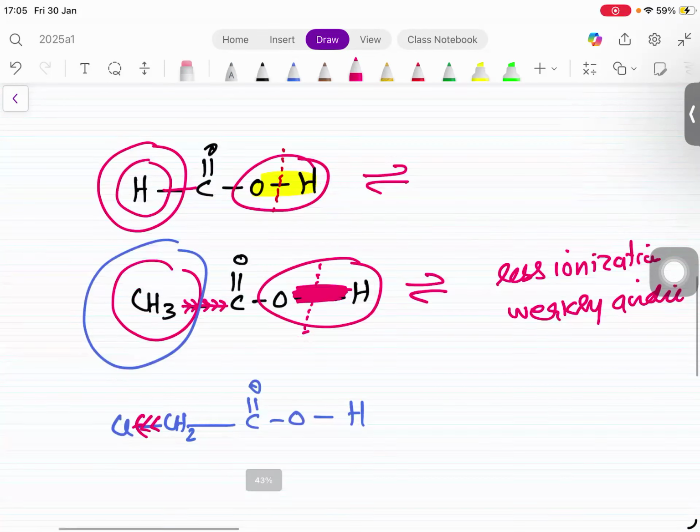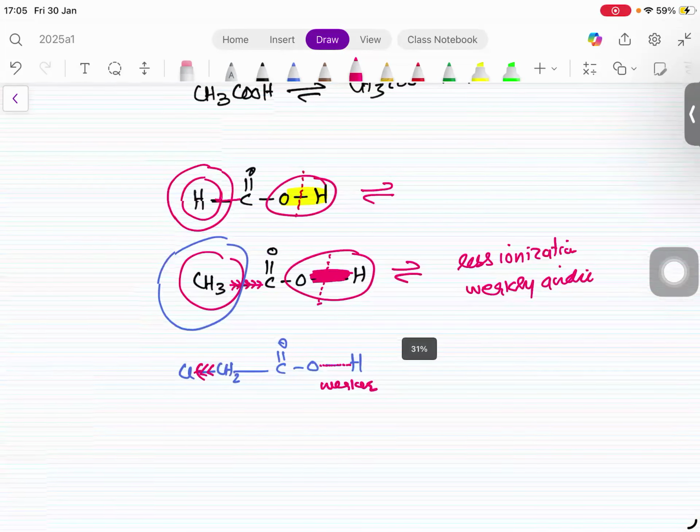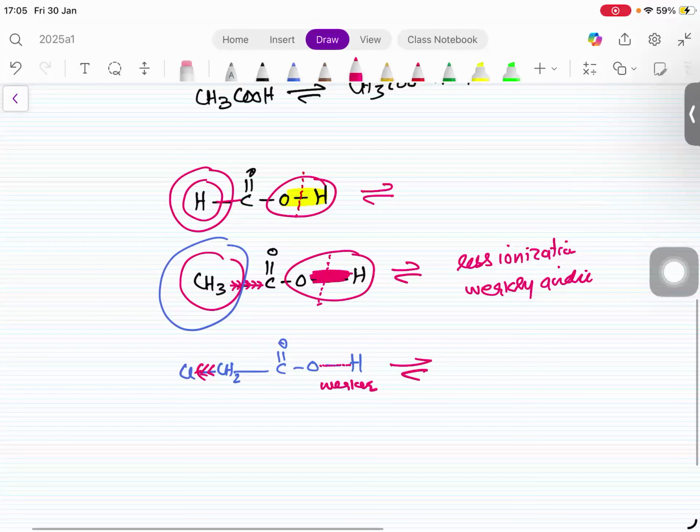When the electrons are pulled towards the Cl, this OH bond is weak. When the OH bond is weak, then ionization is more. So a weaker bond means more ionization. This bond is weaker. No, this bond. We are going to talk about this bond only.